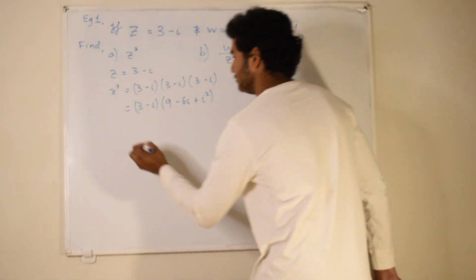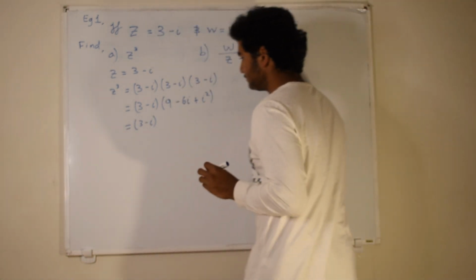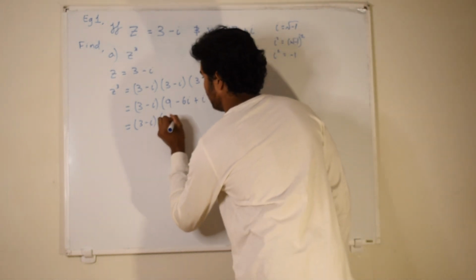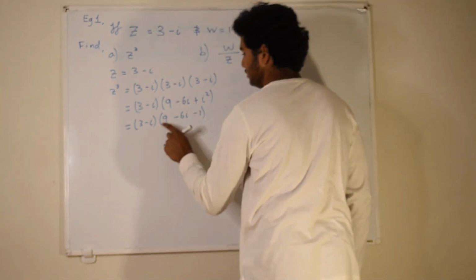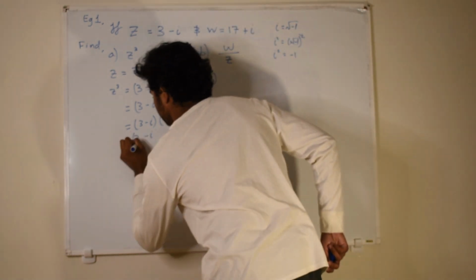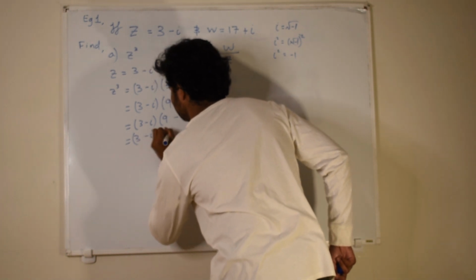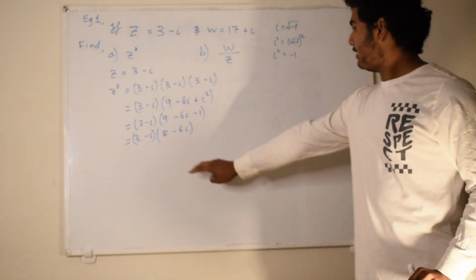So we get 9 minus 6i minus 1, so that becomes 8 minus 6i. So we've got 8 minus 6i.